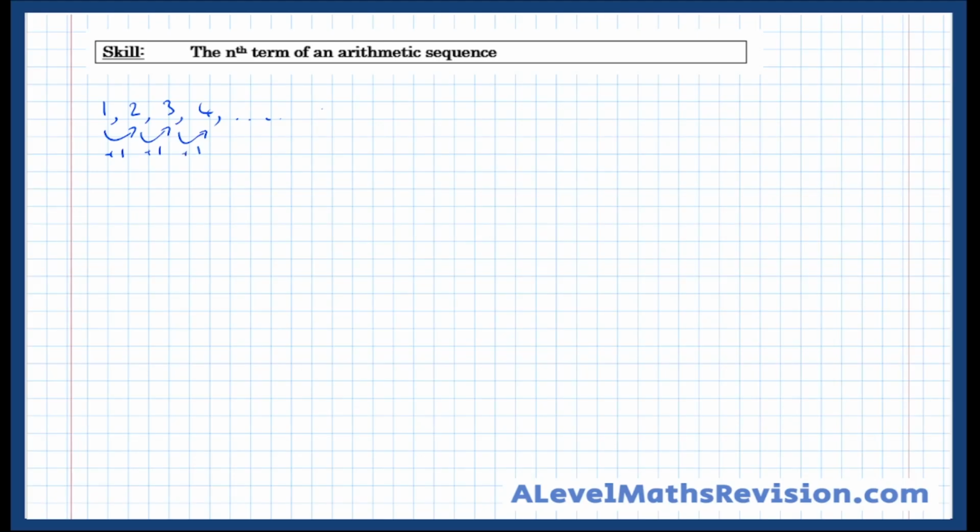Now, some notation for arithmetic sequences, or any sequences for that matter. We typically denote the first term as being A. D is the common difference between terms, and N is the term number.